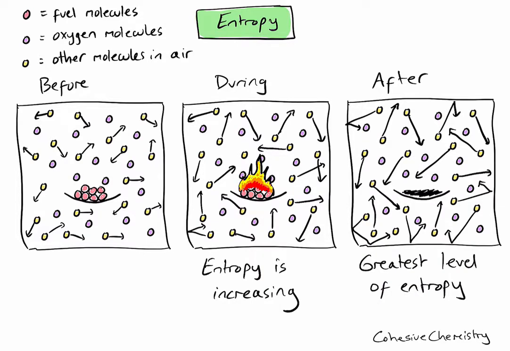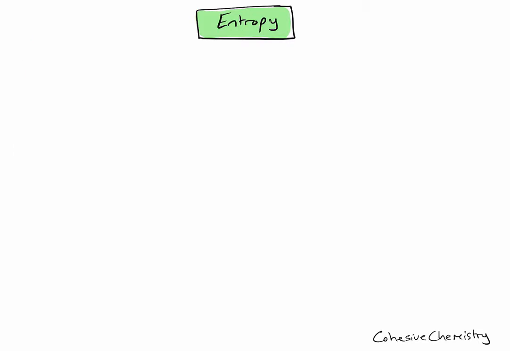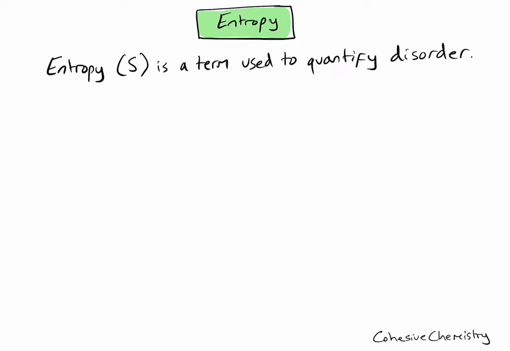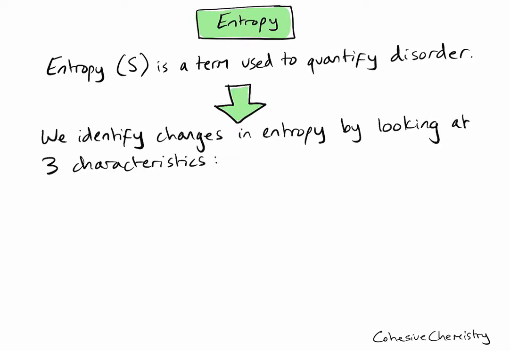Let's now summarize the key points from this video. Firstly, entropy with the symbol S is a term used to quantify the amount of disorder in a system. In chemistry, we consider three characteristics of a chemical reaction to identify changes in entropy.